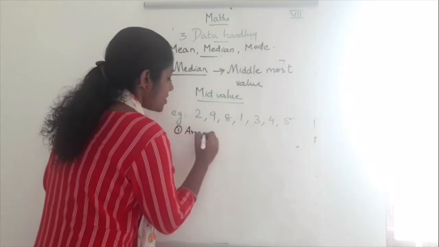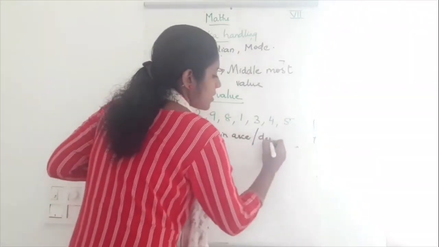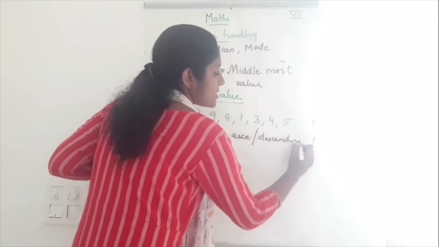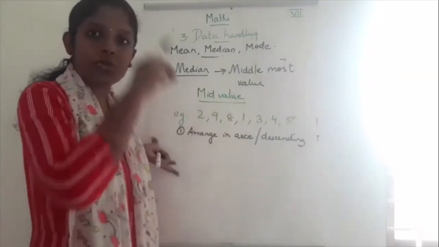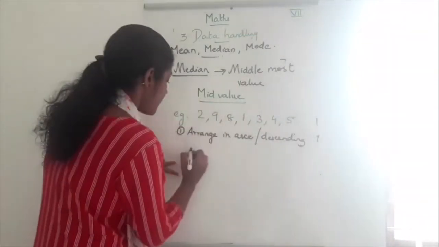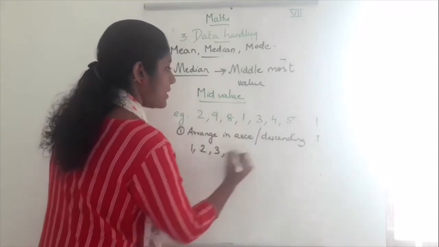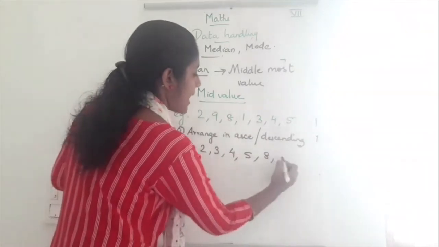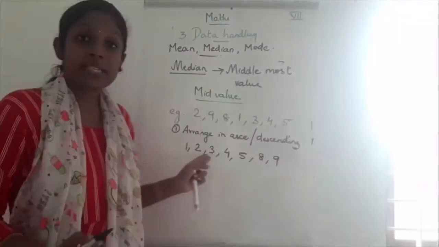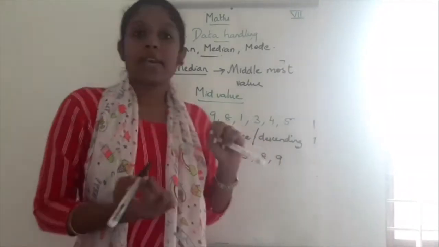Arrange in ascending or descending order. I will arrange this in ascending order, that is smaller to the greatest number. Here the smallest number is 1, next 2, next 3, next 4, then 5, then 8 and 9.